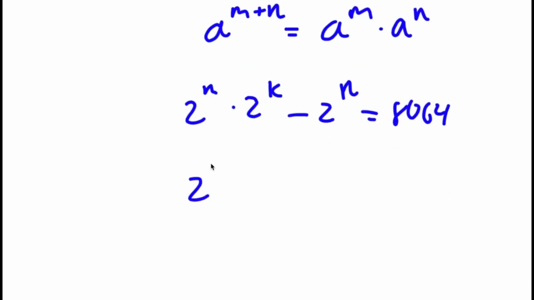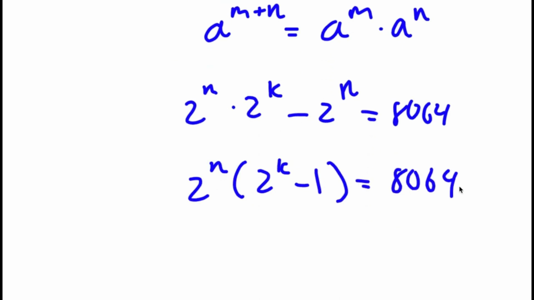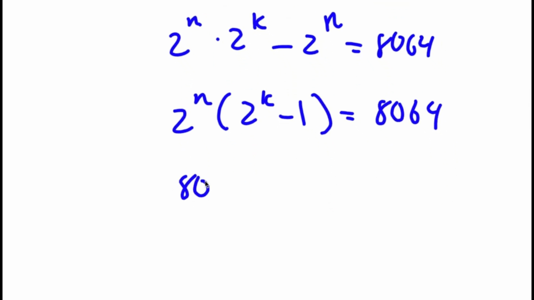Now if I factor out 2 to the power of n, I get 2 to the power of n times 2 to the power of k minus 1 is equal to 8064. And 8064 is simply equal to 128 times 63.